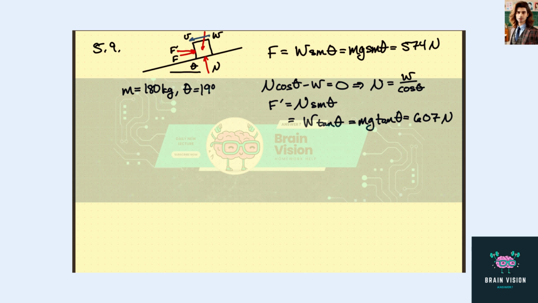But because we're not worried about that, all of his effort is not being directed at keeping this thing in equilibrium along this direction, or at least keeping it from accelerating in that direction.